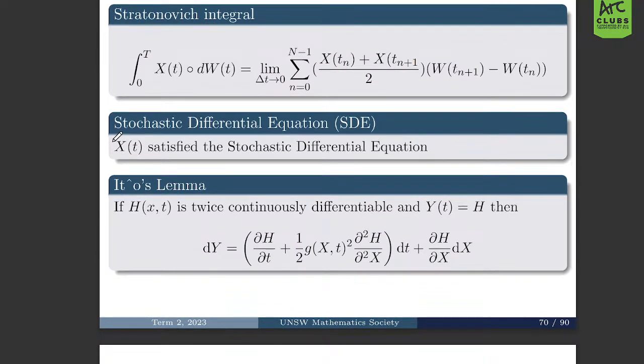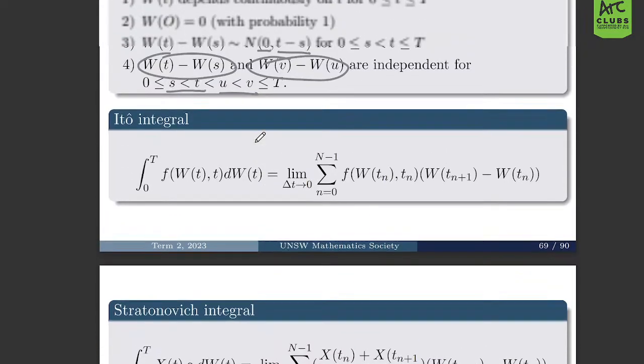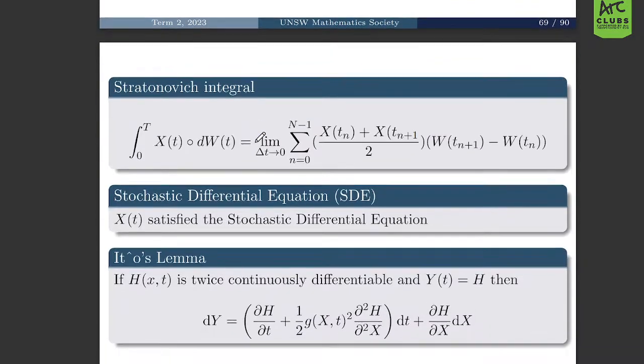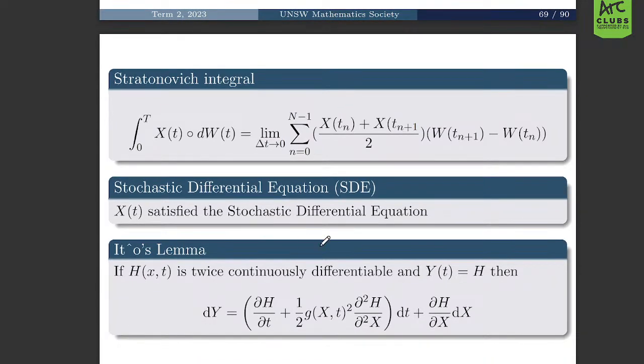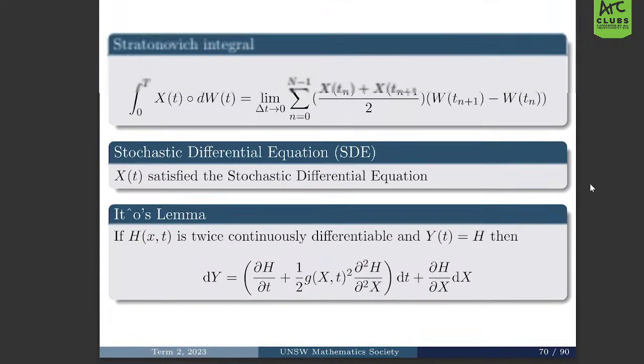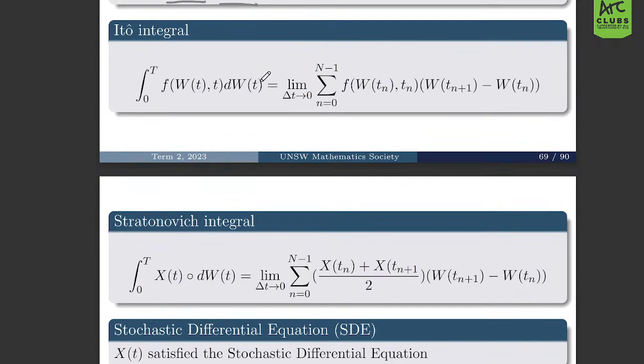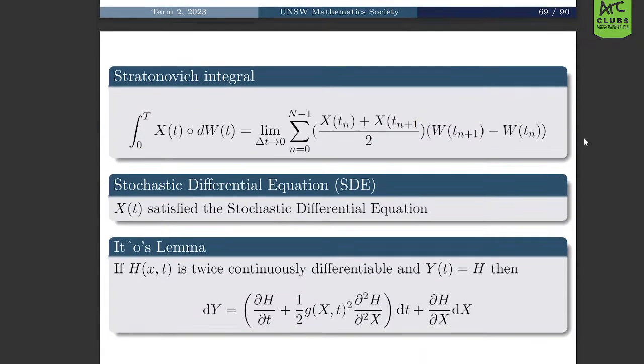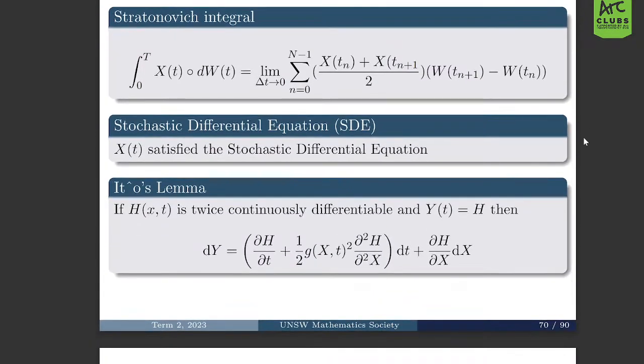And finally, we have the stochastic differential equation, and we just have to know that Xt, which is a function, would satisfy the differential equation. And Ito's lemma is again a thing that we use to derive firstly the Ito integral, and secondly the Ito integral will be used to derive the model that we talk about a lot.